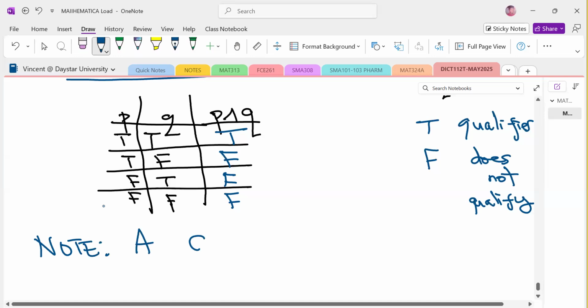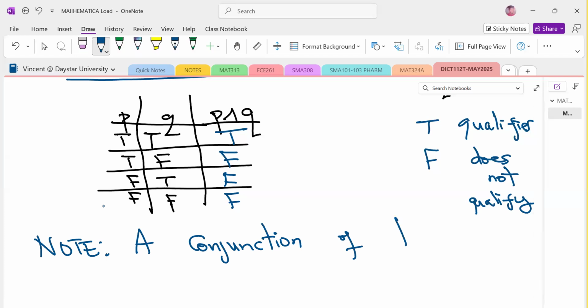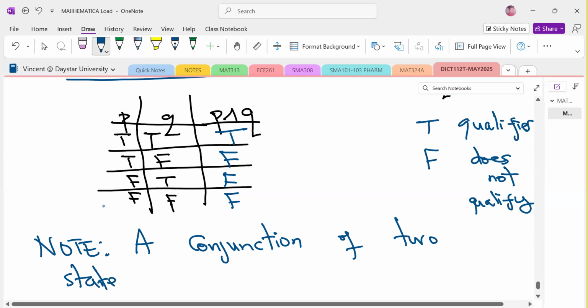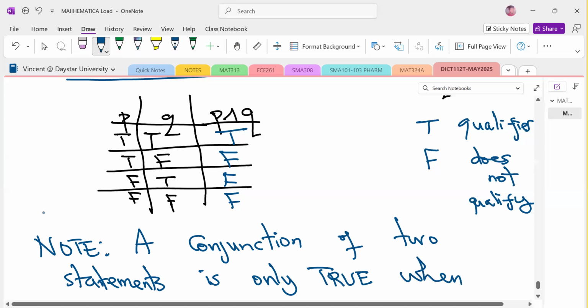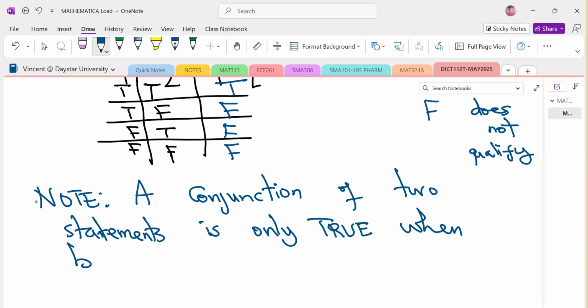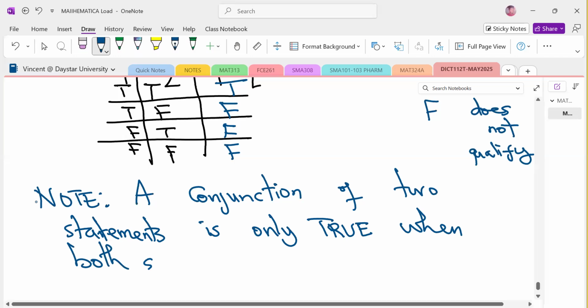that a conjunction of two statements is only true when both statements are true.